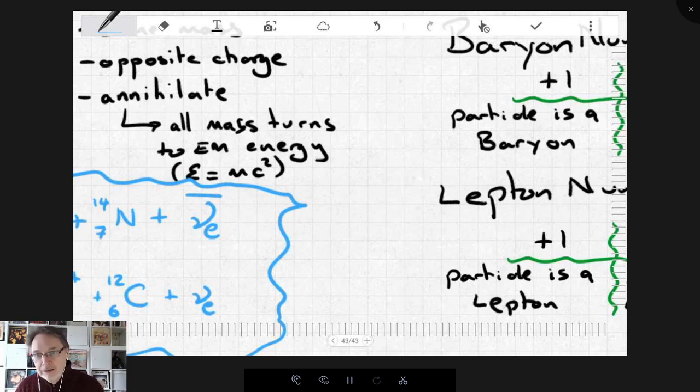Well, mass is an energy. That doesn't mean that mass equals energy. There's a formula, and in this case it's so-called Einstein's equation, E equals mc squared. Mass is a form of energy. It's a form of potential energy. It's certainly not a form of kinetic energy.